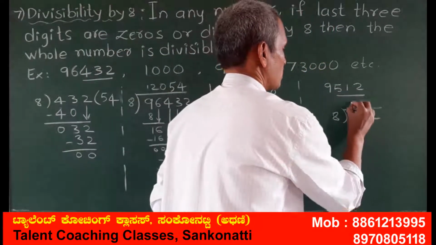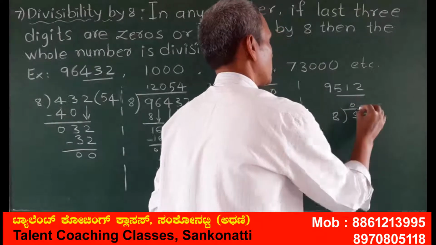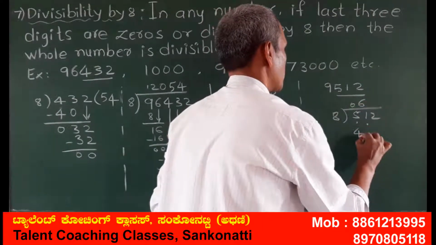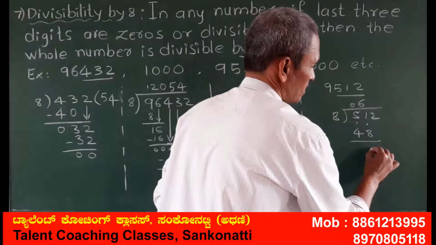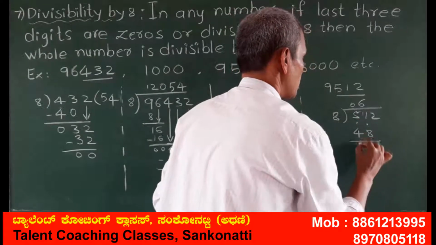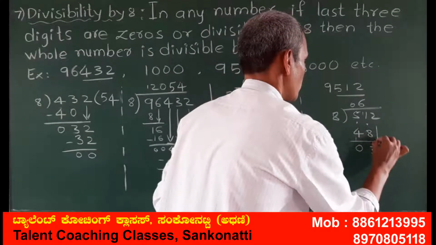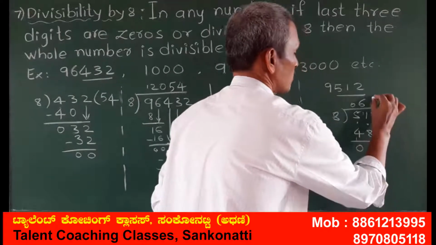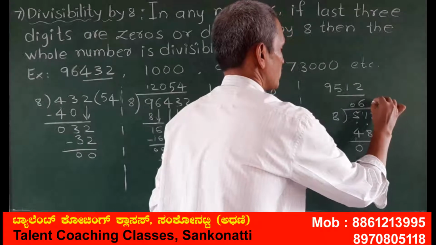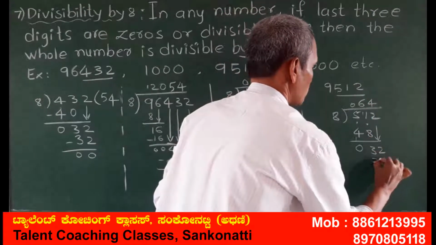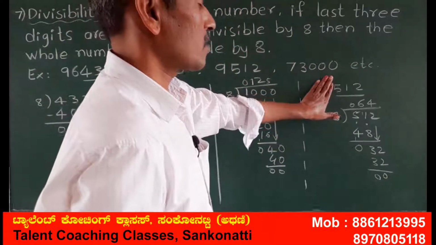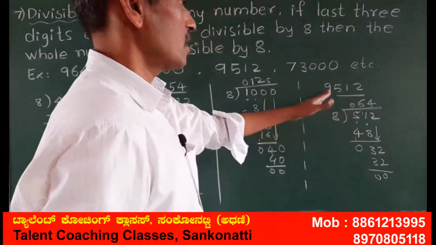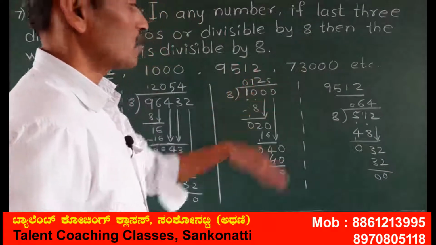We'll check. 0. 8 6s are 48. Now we'll subtract. It becomes 3 and 0. 8 4s are 32. So if the last three digits are divisible by 8, then the whole number 9512 is also divisible by 8.